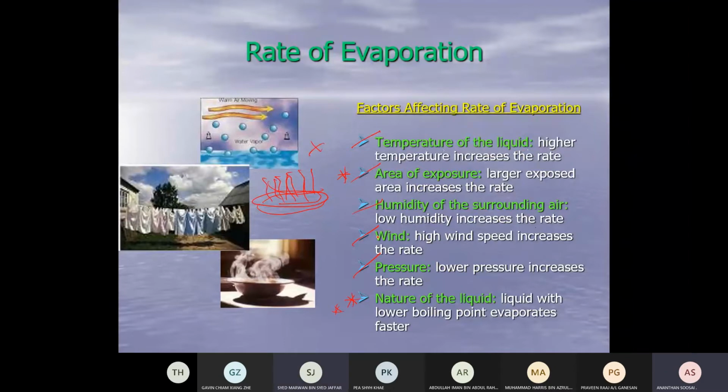Pressure. Yes, pressure. And we can say the nature of the liquid also. Low boiling point, easy to boil. Any questions? No questions, okay.